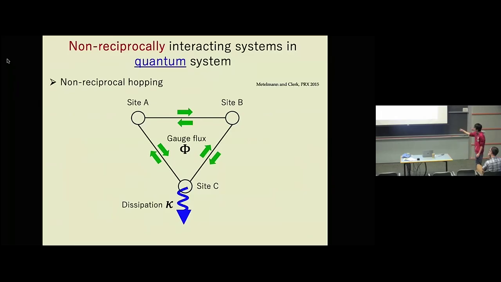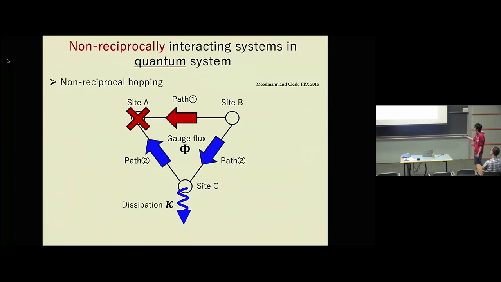As a result of this, if you want the atom to hop from site B to site A, there are two paths. There's path 1 where B hops directly to A, or there's path 2 where it goes to site C and then to A. And because quantum particles are waves, it can have an interference effect.